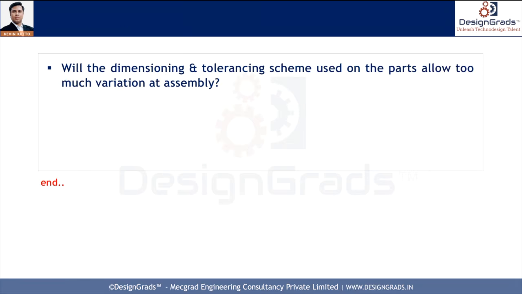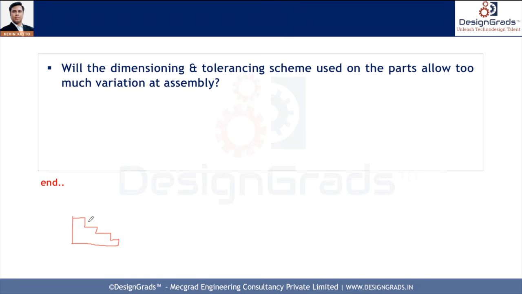Will the dimensioning and tolerancing scheme used on the part allow too much variation at assembly? What does it mean? Now imagine we have a part like this, okay? So I am going to draw a part something like this. And this part can be dimensioned in multiple ways.